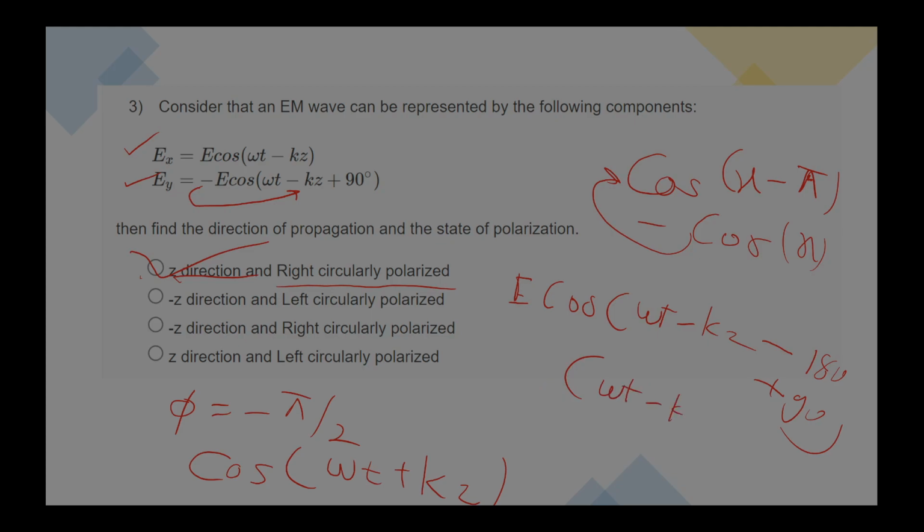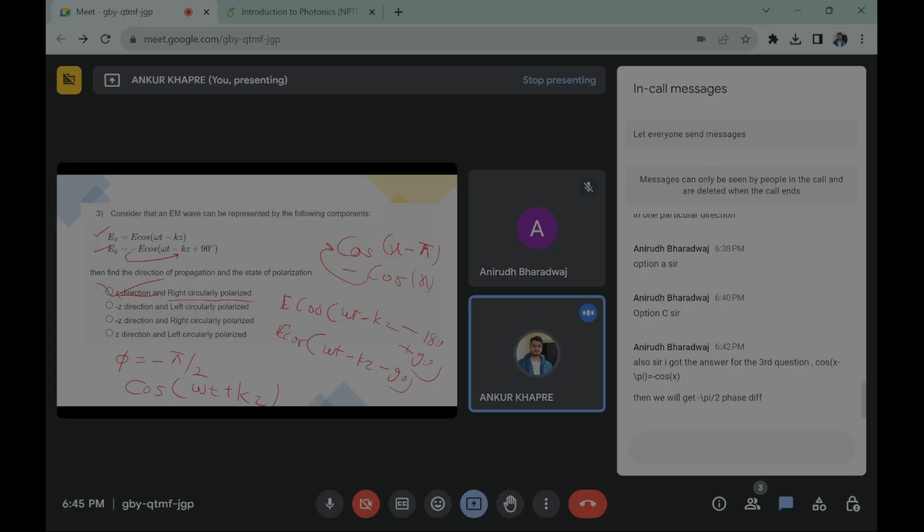Omega t minus kz minus 90. So a pi by 2 phase difference is there. Yeah, it's correct only. Okay, so you do it like that.